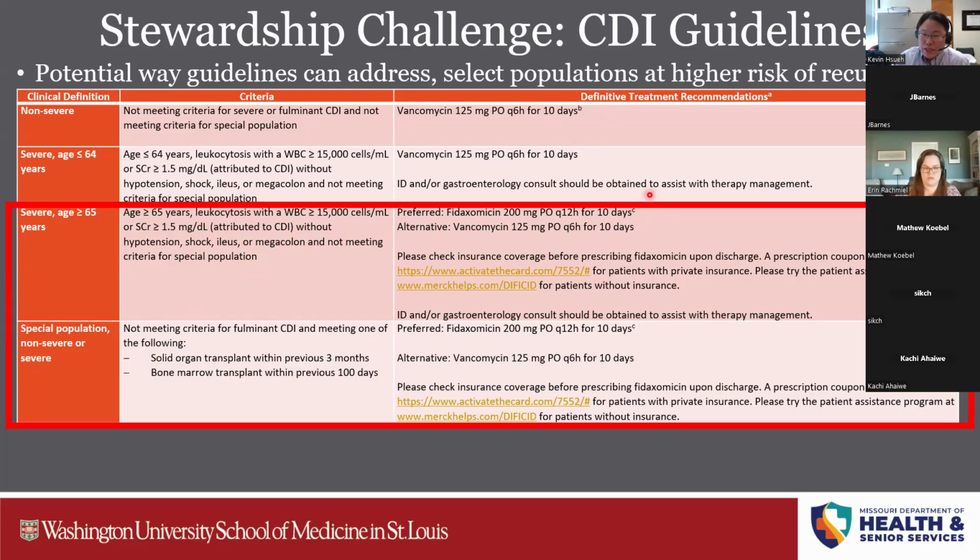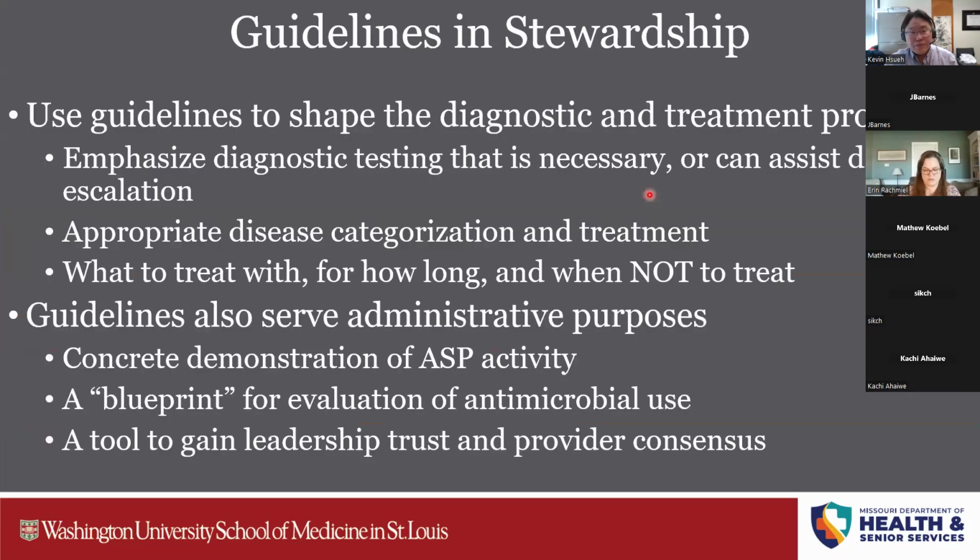Now, of course, this changed with the more recent guidelines, but it's still reasonable to do this kind of parsing through your guidelines in order to still take care of your patients clinically and reduce their risk of recurrence, but also try to prevent this from destroying a hospital's budget.